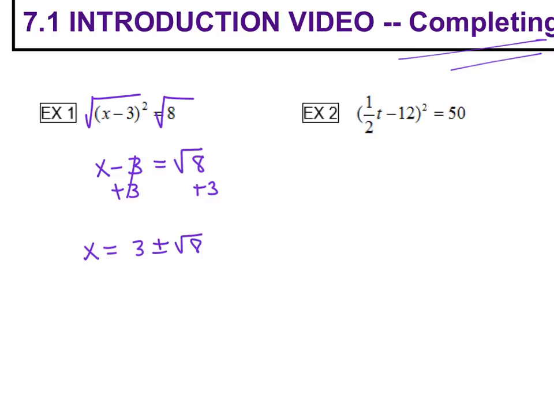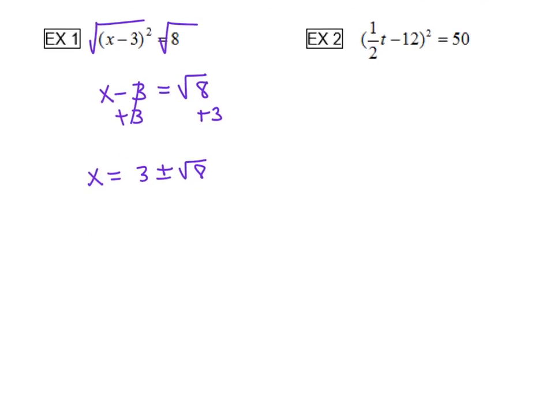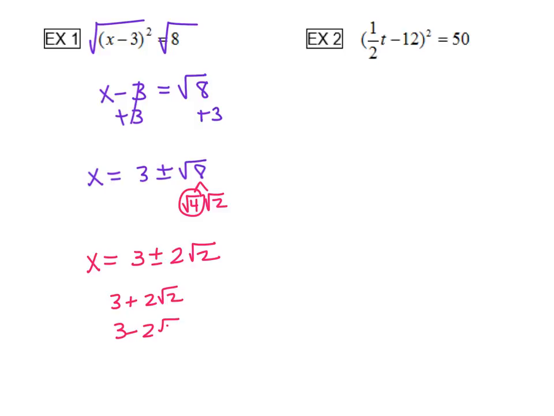Now for our final answer, we don't want to leave the square root of 8. If this is something that can be reduced, we will reduce it with our perfect squares. So remember, 4 fits in twice, and we know the square root of 4 is 2. So really x equals 3 plus or minus 2 square root of 2. Now really that's two answers. One of them is 3 plus 2 square root of 2, and the other one is 3 minus 2 square root of 2.